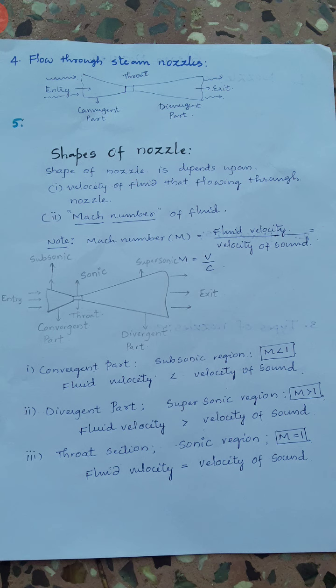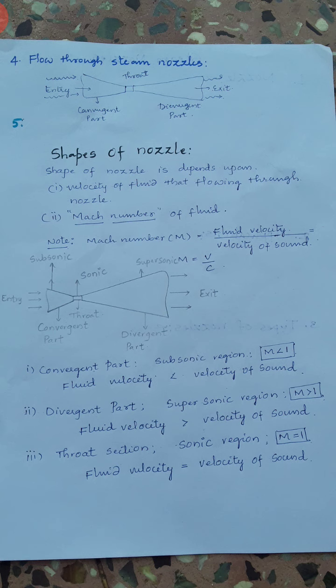So whatever the resistance is, it will be converted into heat. This heat affects the quality of the steam. The quality of steam is nothing but the dryness fraction, so it improves the dryness fraction of the steam.